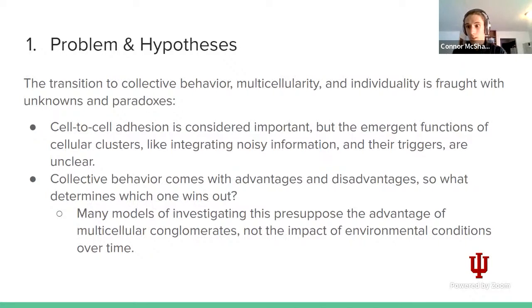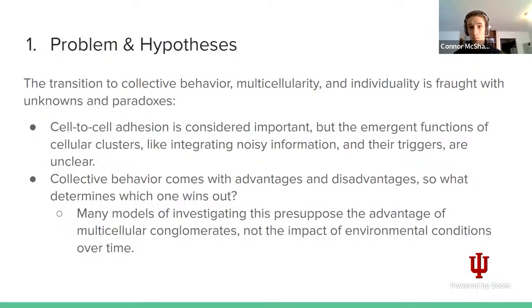A lot of research to date, theoretically and simulation-wise, will implicitly assume an advantage for multicellularity in the fitness function, or will try to encourage that behavior to study its dynamics. What that doesn't answer is in what conditions we might expect to see some of these transitions take place.